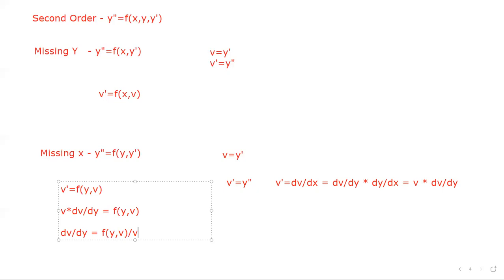So our dv dy is still a function of y's and v's, even though we're dividing by that v. And we can still treat it like a first order equation. But now we will be solving for v in terms of y. So then once we have v equals something, that is really y prime equals something, but it's a something with y's in it.